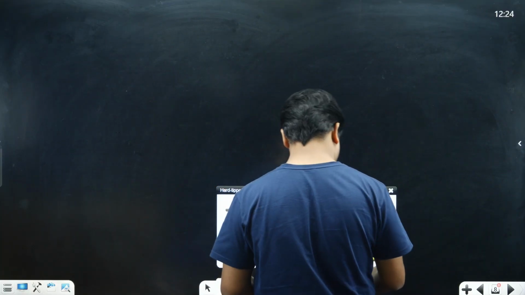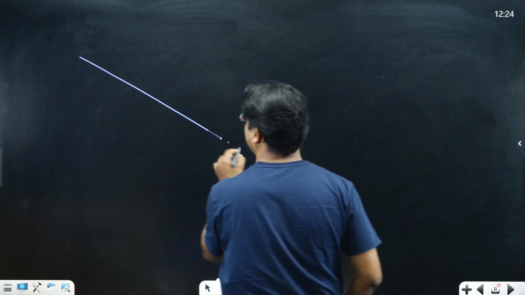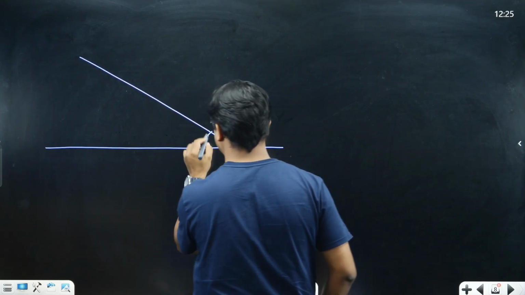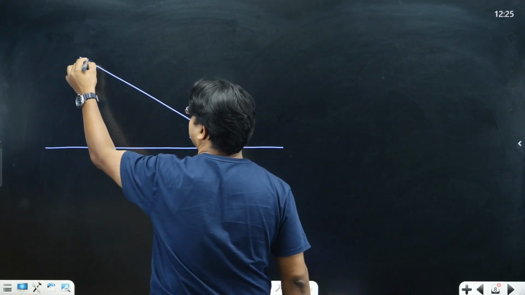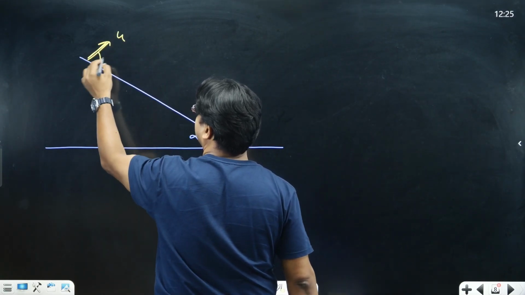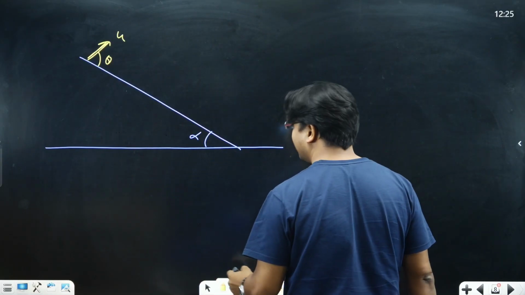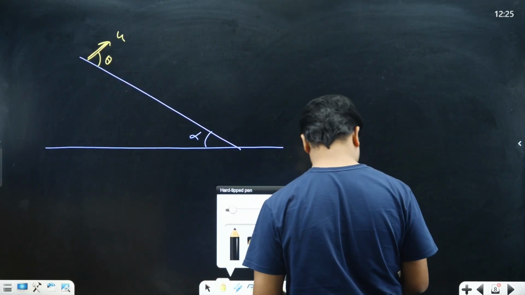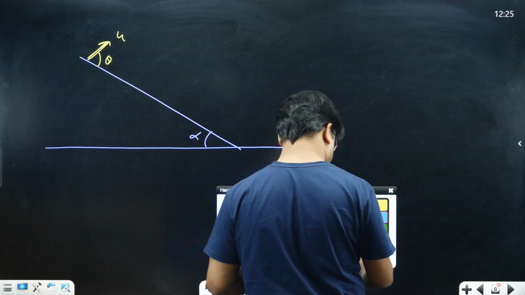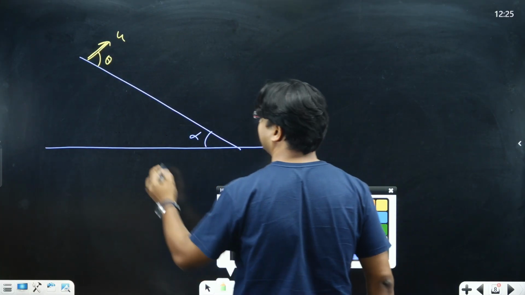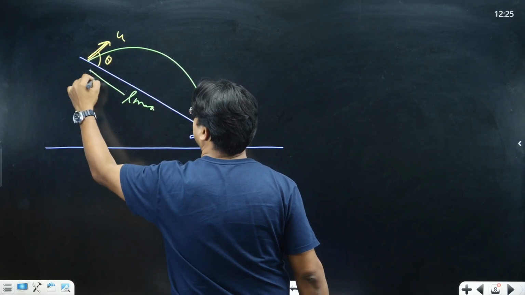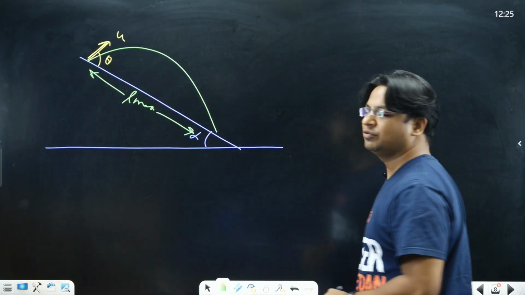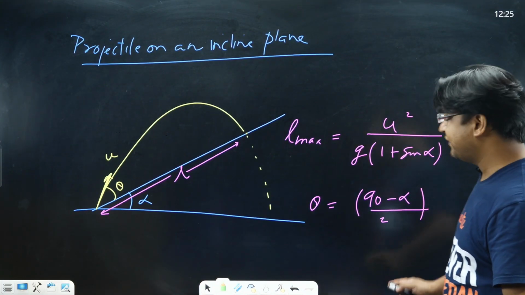Suppose we have a situation in which an inclined plane is like this, and we have to project a particle with a speed u at an angle theta like this, and we want to get the maximum range out of this. In this case, you just replace alpha by minus alpha.